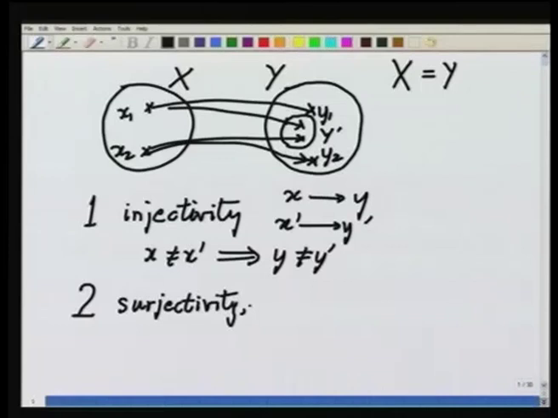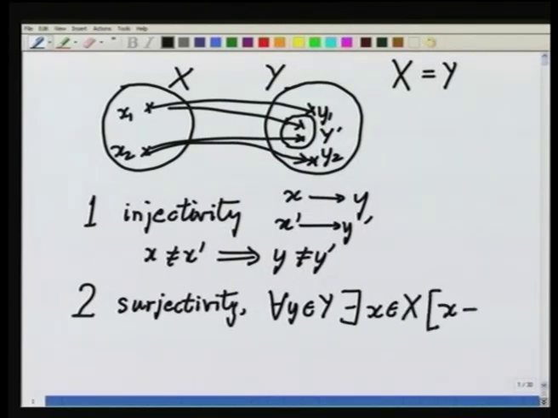So, for surjectivity we will simply represent the property by saying that for all y in Y there will exist an x in X such that x yields y when applied to the system, of course. So, with this we can close our preliminary discussion of systems.